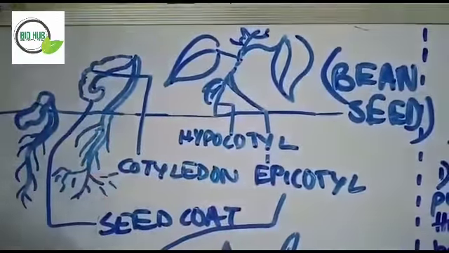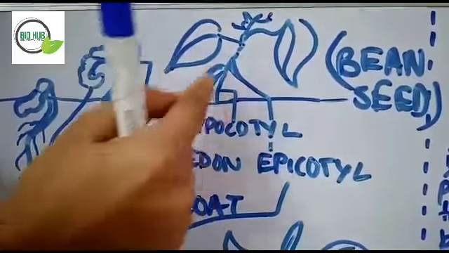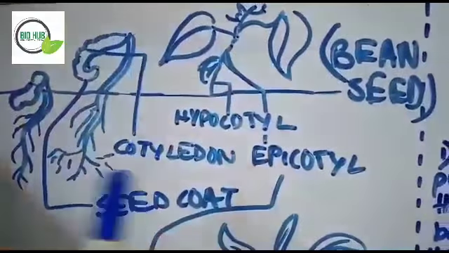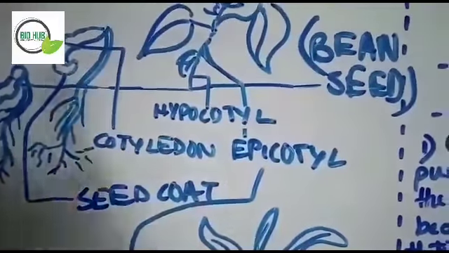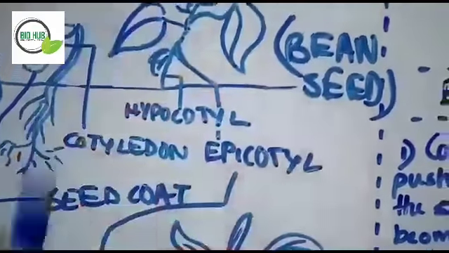As the next leaves are formed, the cotyledon will wither away and fall off. This type of germination is called epigeal germination. This is for the bean seed.